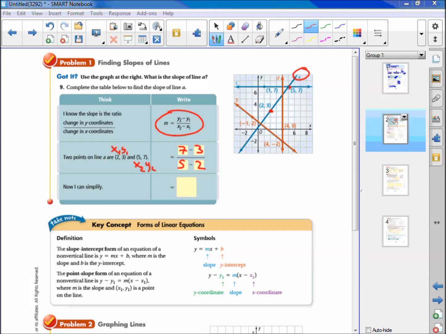We would just have 3 minus 7 over 2 minus 5. They'd both be flipped around. So here, 7 minus 3 is 4, and 5 minus 2 is 3. So this has a slope of 4/3. Now this is great. This is a number that describes the steepness of the line.